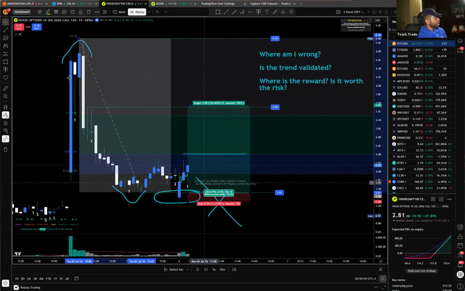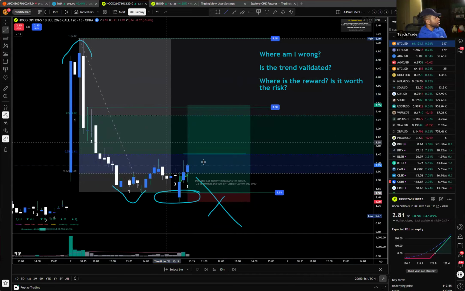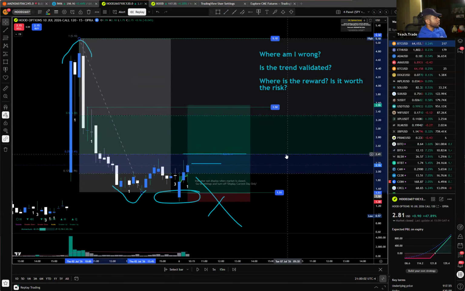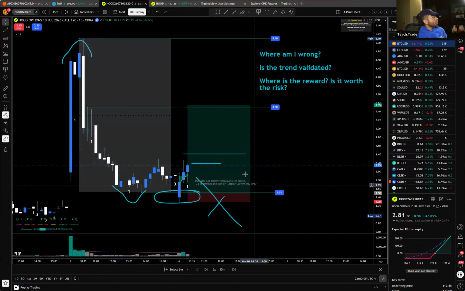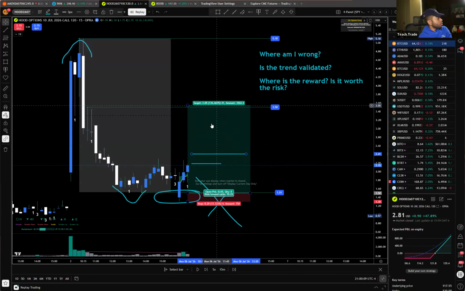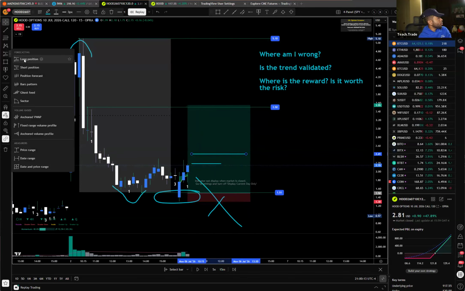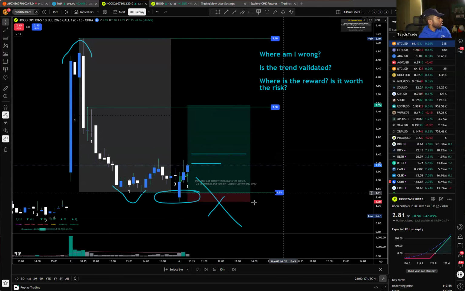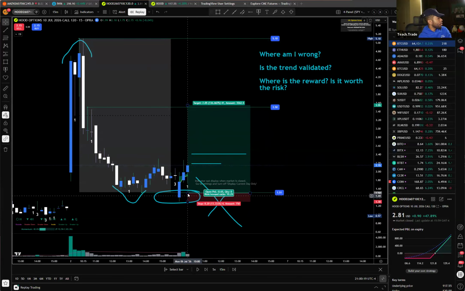All right, just marking that manually right there. These two levels. There's the 8% and the 25%. So now the last thing is to work with this long position tool for those who are walking along with me on TradingView. So we have our loss.